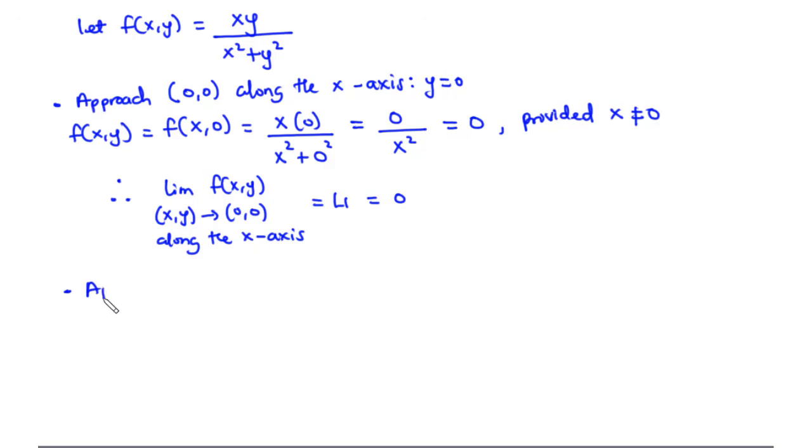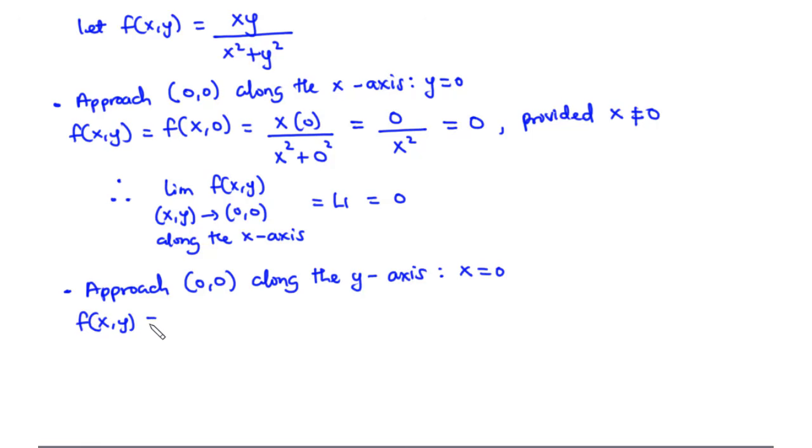So here we are going to approach the point 0 0 along the y-axis. Along the y-axis, we have x to be equal to 0. Therefore we have f of x comma y, and that is equal to f of 0 y, equals, wherever we see x, we are going to substitute 0.